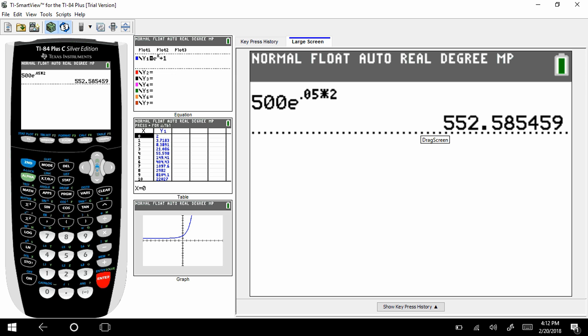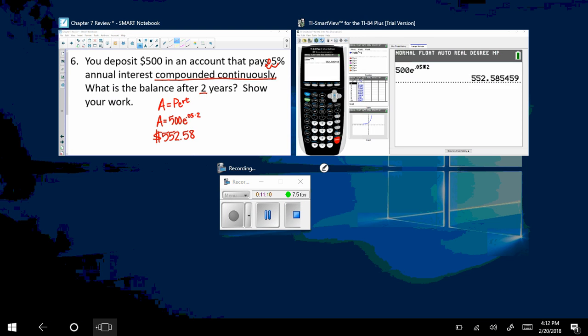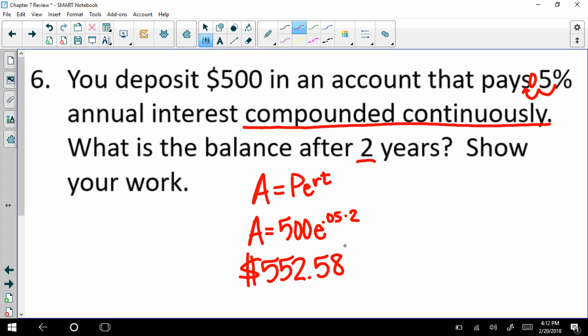I would take it also if you said 59 if you rounded it because of the 5. But typically banks won't give you that extra little bit there. So I'm just going to write $552.58. So there's your answer. Okay.